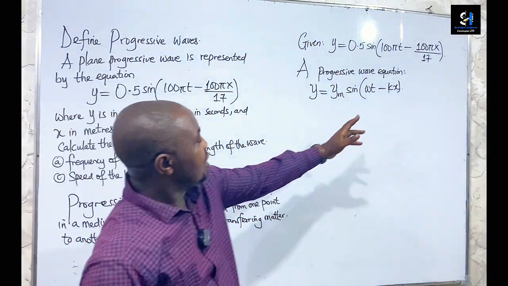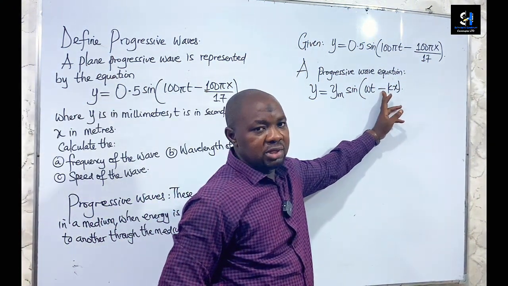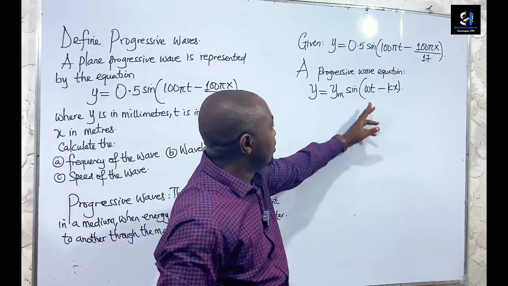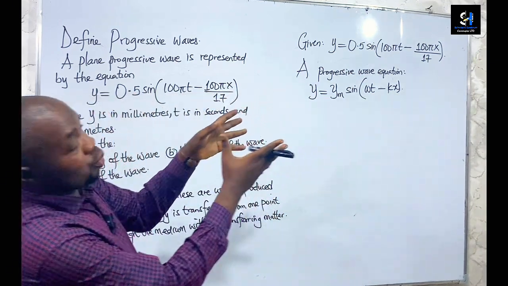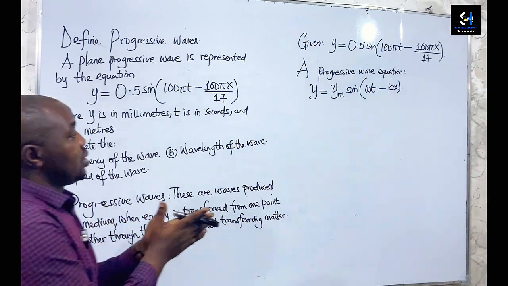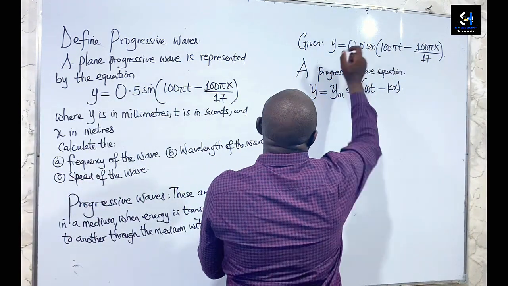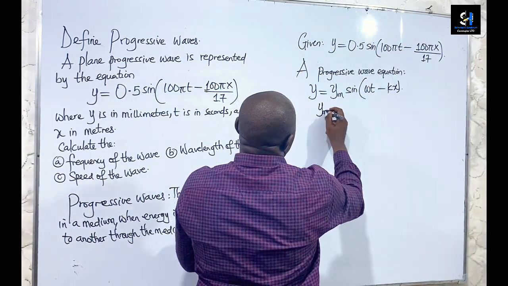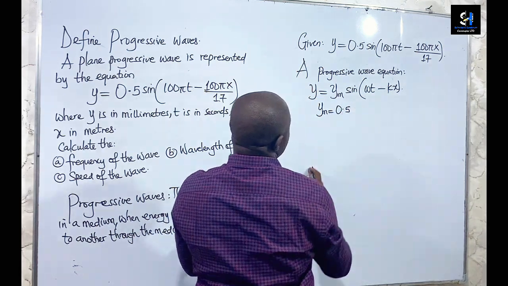In this case, we have kx to be negative, that is the way this equation is modeled. So the amplitude is 0.5, we have y subscript m to be 0.5.